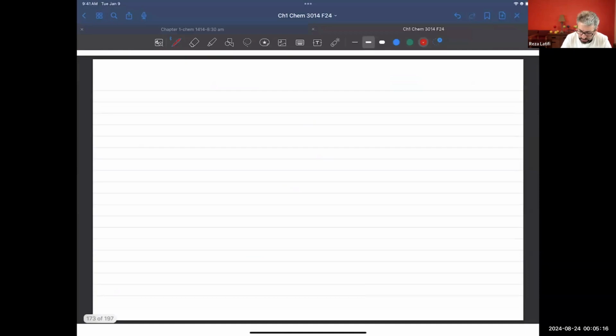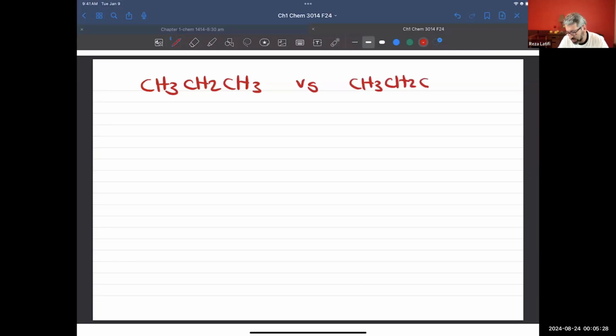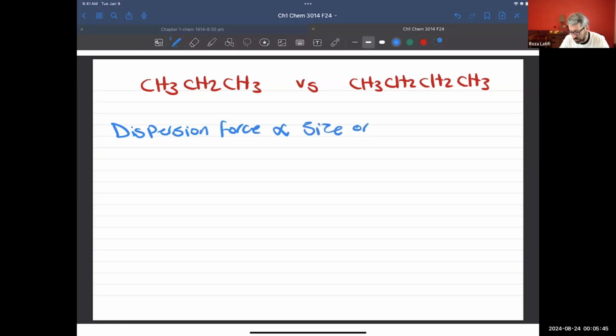So here are some examples. We have CH3CH2CH3 versus CH3CH2CH2CH3. Dispersion force is subject to size or molar mass.